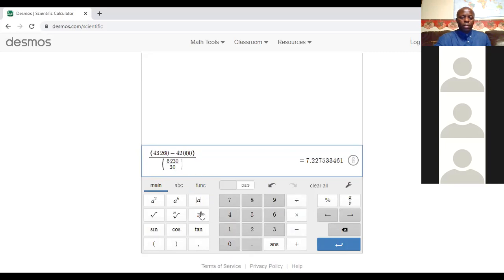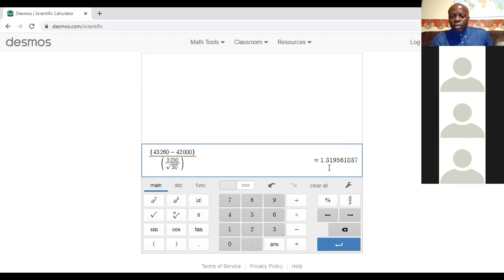Well, I didn't put the square root of N, so I'm going to put the square root of 30. You can see the answer becomes 1.31956 and so on. So we just write that 1.32.